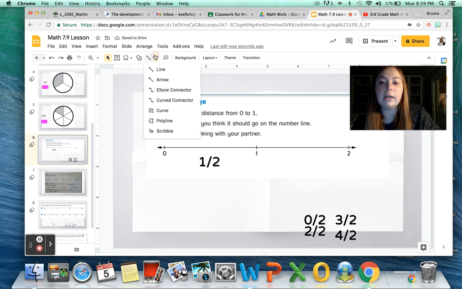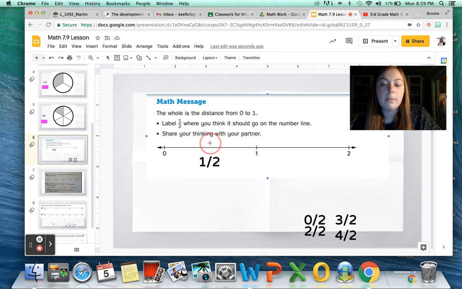Now, obviously my numbers are a lot bigger, but I would put my partition right about here, halfway between 0 and 1. Now, whenever I was doing this prompt with you, and I said about putting it between 0 and 1, that's because this number line is showing 2 wholes.